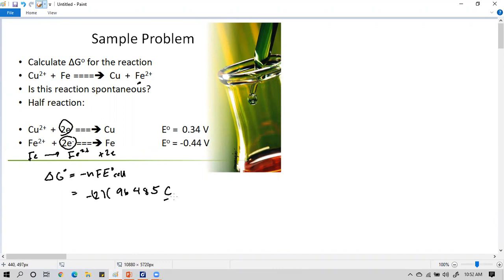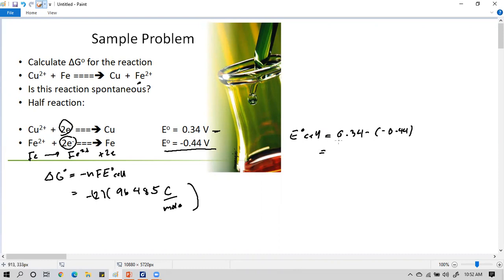96485 coulombs per mole, or coulombs is joules per volt. Ayan. And then the E naught cell, ano ba E naught cell natin? Pag minusin mo yan. So, i-write the E naught cell. Nasa right, ito, reduction. So, 0.34 minus negative 0.44, which is on the E left, the anode. Don't forget the units.